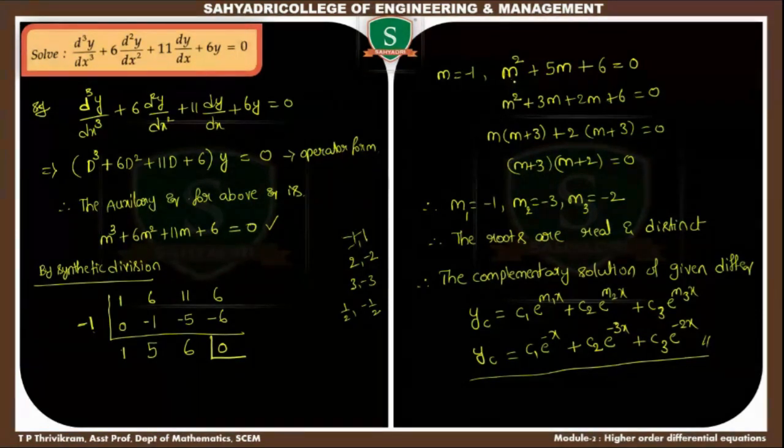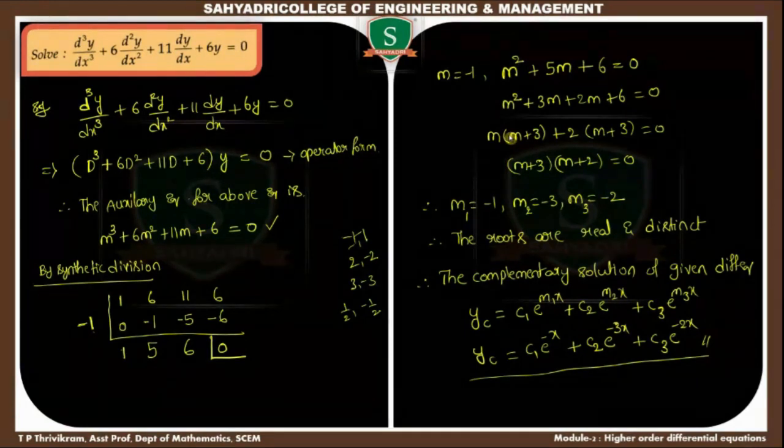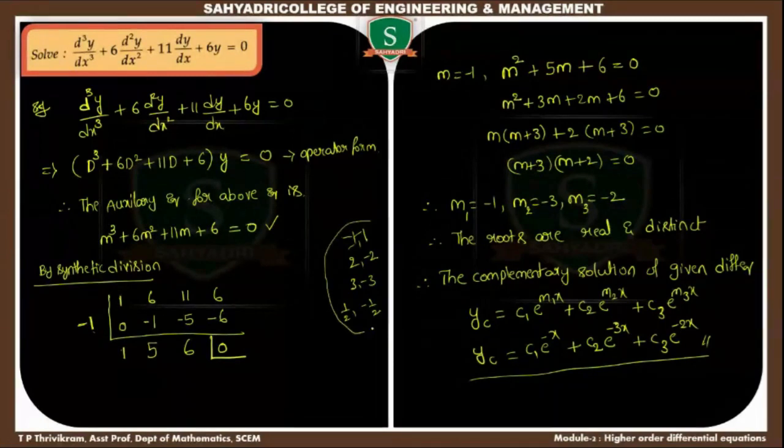For a quadratic equation you can find directly, you can use the formula minus b plus or minus. If it is more than 3, then also we'll try these solutions.